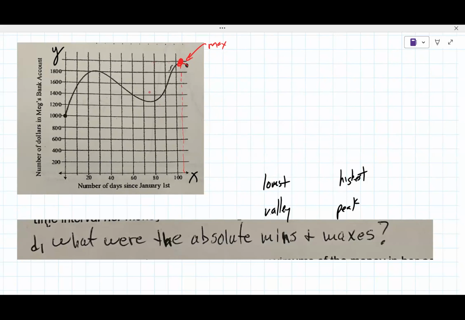Now let's go to the left here. What is the maximum? Let's go all the way to the left. What's that maximum value? What's the y value there? 1890.